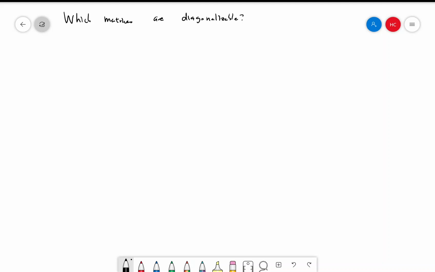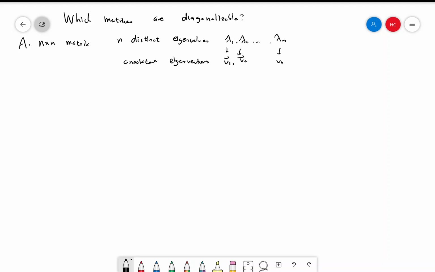Okay, so if A is an n by n matrix and it's got n distinct eigenvalues, lambda 1, lambda 2, all the way to lambda n, corresponding to eigenvectors v1, v2, and then vn.